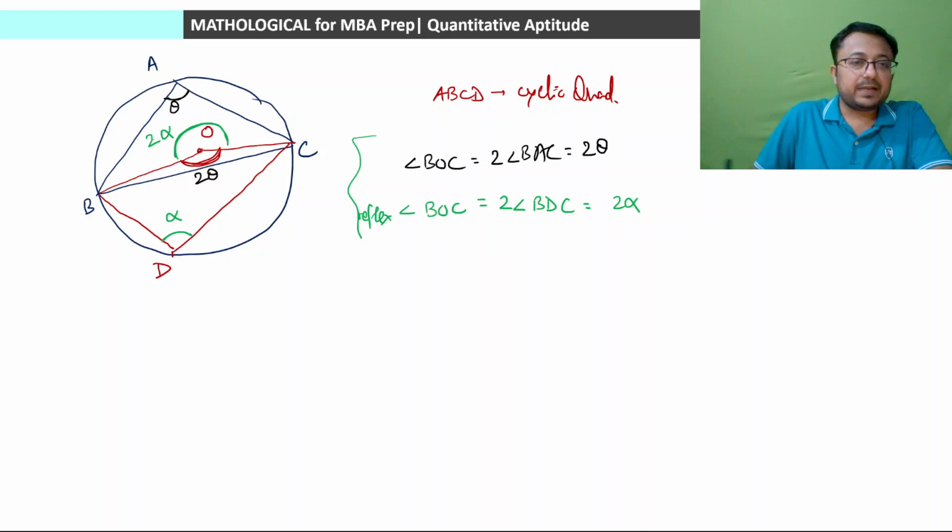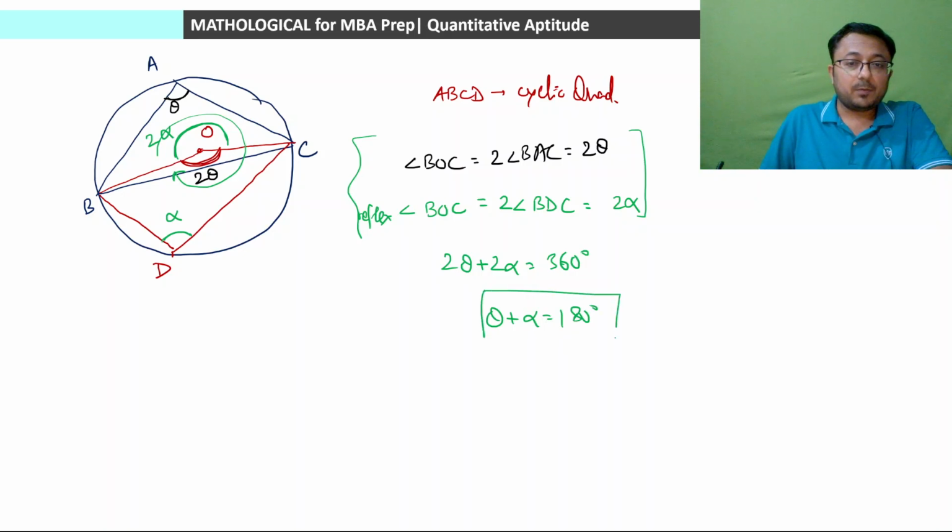And sum of these two angles is 360 degrees. So sum of 2 theta and 2 alpha will be 360 degrees, and hence theta plus alpha will be equal to 180 degrees. Important property of a cyclic quadrilateral. Theta plus alpha is 180 degrees, यानी कि this angle plus this angle is equal to 180 degrees. So these are supplementary angles.